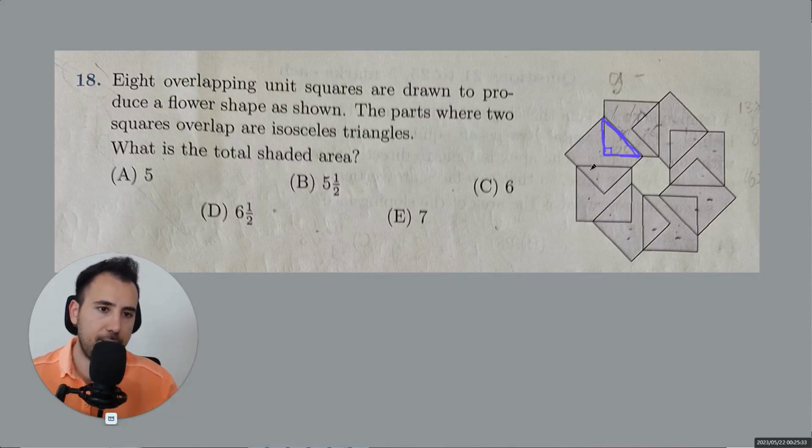The trick, I think, is that if we continue this part, it will be half of the square. All of this is 1 square. So this is half of the square. And one of these triangles is going to be half of half, which is 1/4.